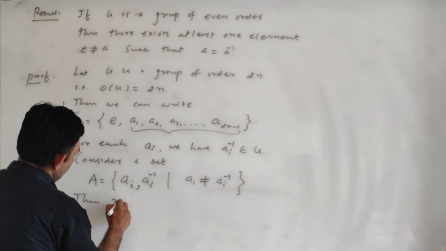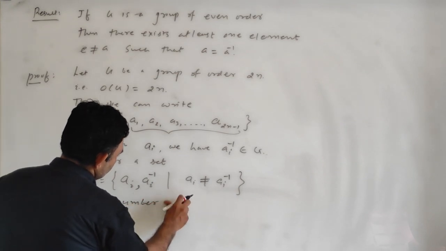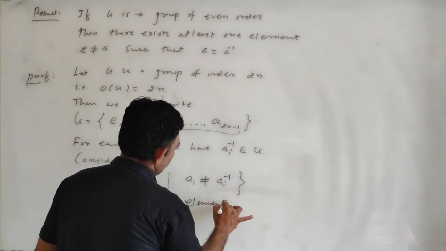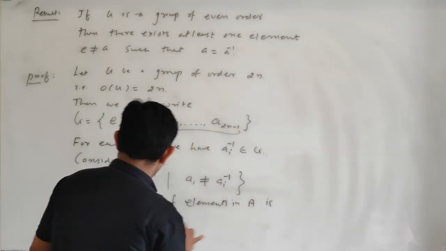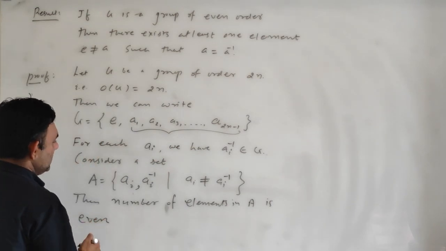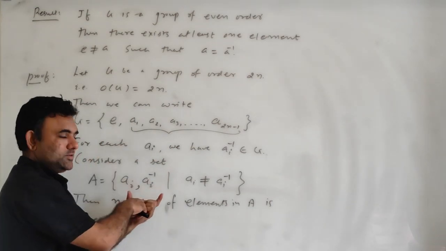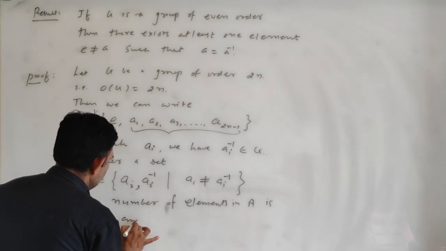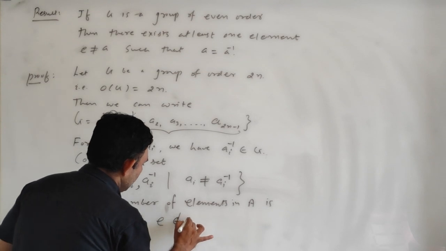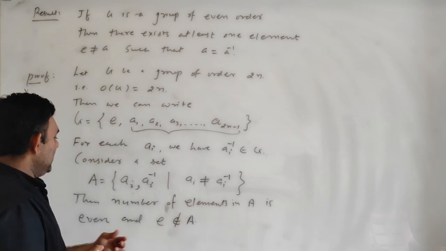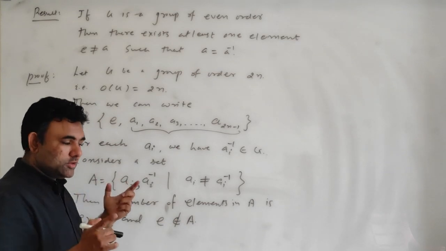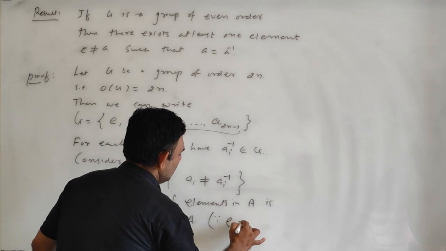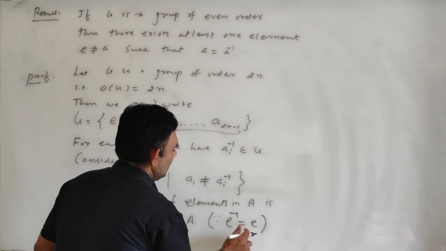Then the number of elements in A is even. First thing, because at a time we are adding two elements, the number of elements in A will be even, and E will not be in A. The identity element will not be in A because identity and its inverse are equal.